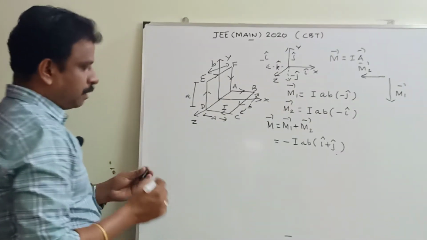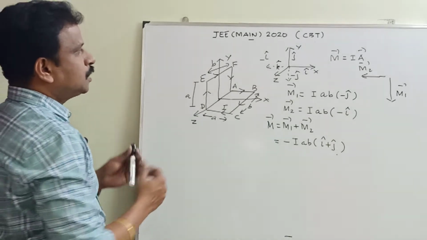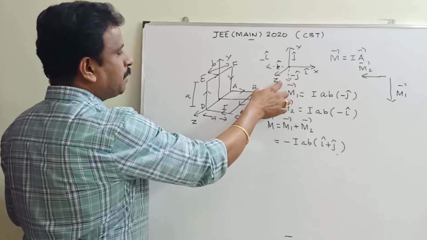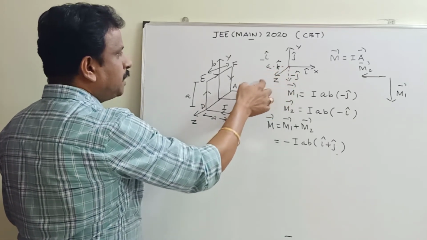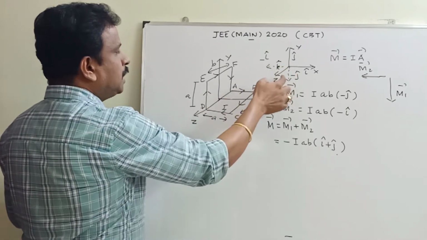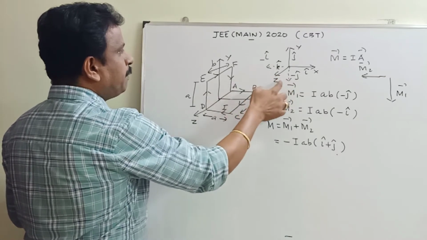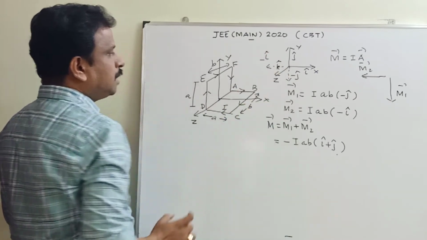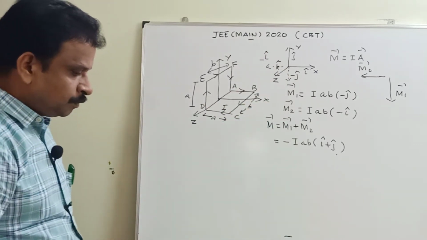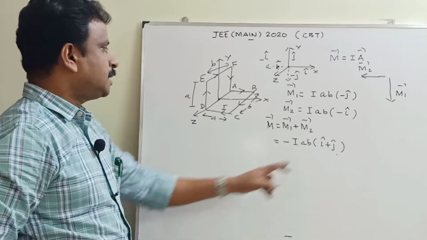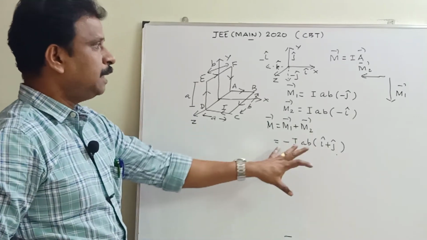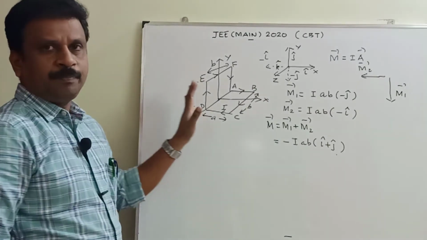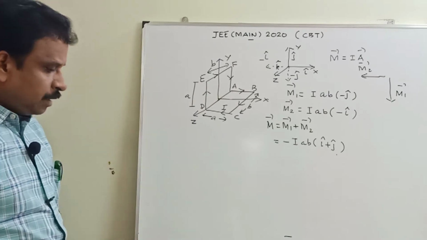So here you have minus i cap, here minus j cap. This is the direction of the magnetic moment M, lying in this plane. So your answer will be I A B into minus i cap minus j cap, the resultant magnetic moment for this current flowing loop. So this is the solution for the second problem.